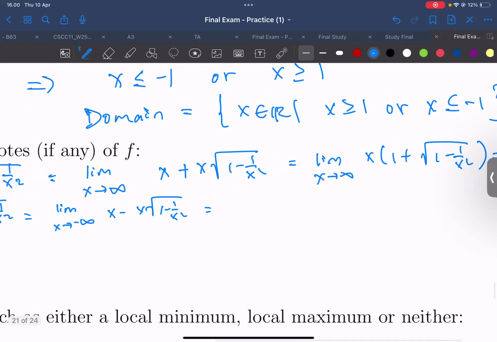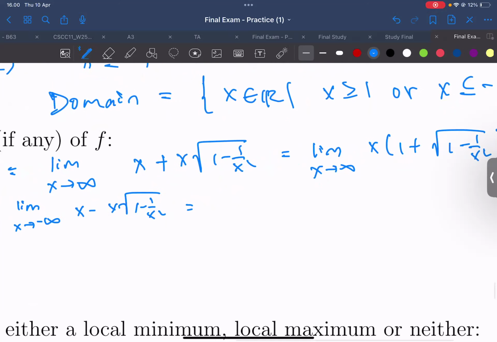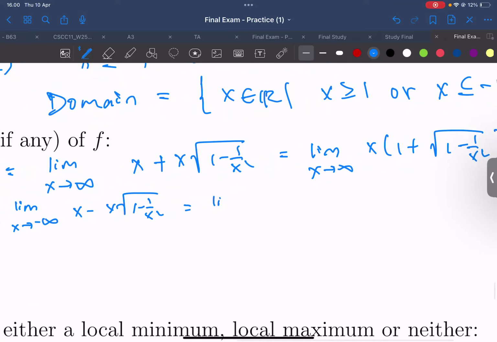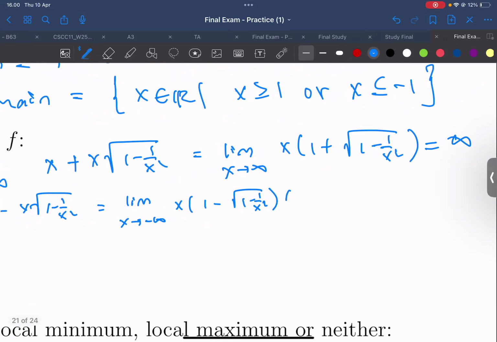So what you can do is, you realize that there's a square root, so you multiply by its conjugate. First factor out x, then we can take out the conjugate. Then we multiply by its conjugate, so the conjugate will be 1 plus the square root of 1 minus 1 over x squared, over 1 plus the square root of 1 minus 1 over x squared.